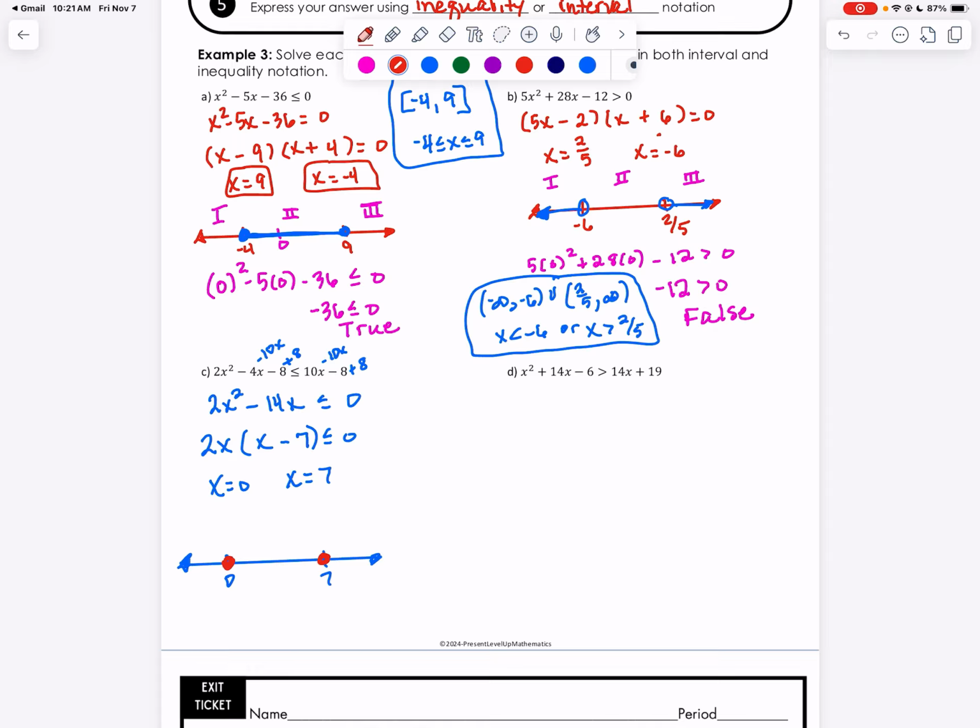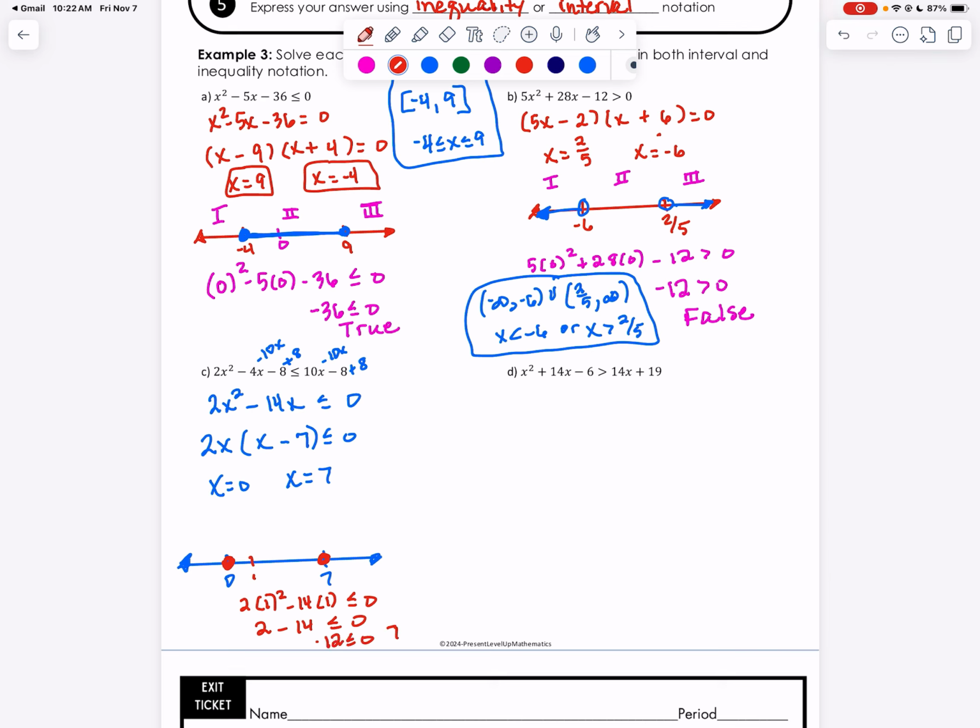X equals 1. Okay, so 2 times 1 squared minus 14 times 1. Is that less than or equal to 0? So this would be 2 minus 14 less than or equal to 0. So negative 12 less than or equal to 0.